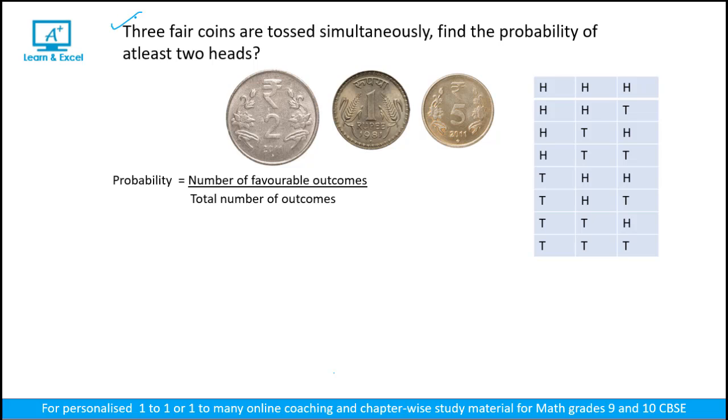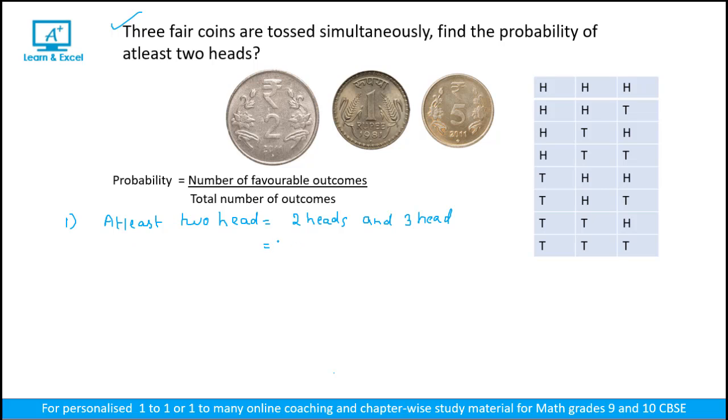Now let us take 3 coins and toss them simultaneously, and let us find the probability of getting at least 2 heads. First let us write the sample space. We know that probability is number of favorable outcomes upon total number of outcomes. Now to find the probability of at least 2 heads, we have to find the favorable outcomes of 2 heads and 3 heads.